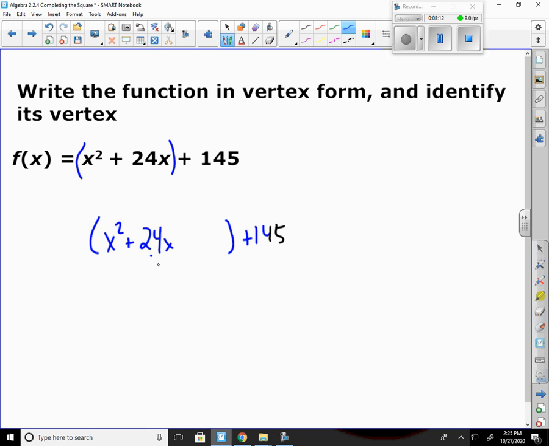Let's figure out what goes inside of here. 24 over 2 squared. 24 over 2 is 12. 12 squared is 144. So I subtract 144 from outside of here.